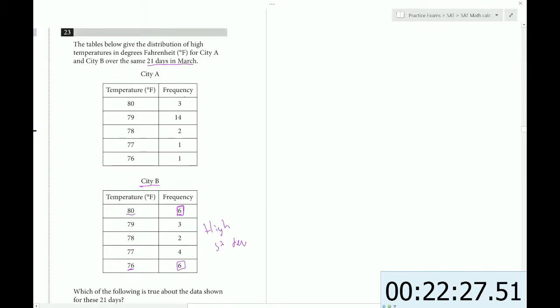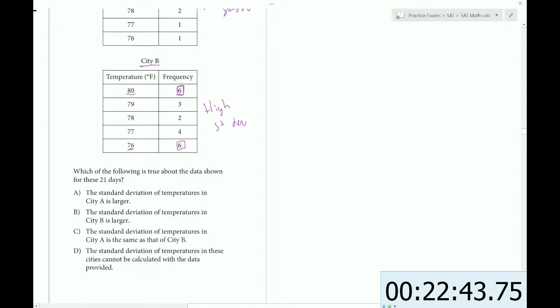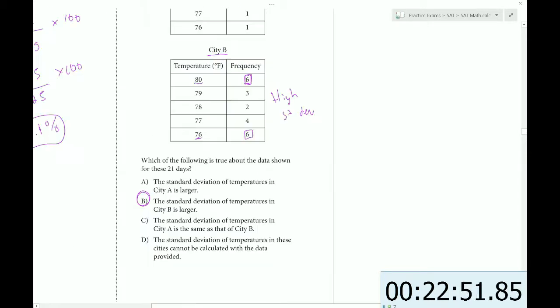And for city A, the vast majority of our values are at 79, which is not quite an extreme. It's sort of towards the middle, right? So we would say that this has a lower standard deviation. Okay, so what we would say is that city B has the higher. The standard deviation of city B is larger. That's answer choice B.